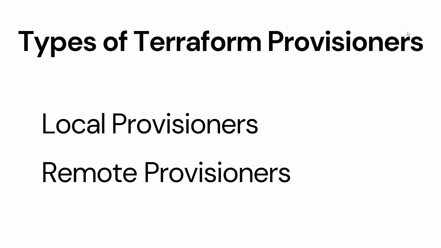What exactly is a local provisioner? It is when a set of commands you are executing is executed onto the local machine. For example, you are creating some resources, let's say an EC2 or S3 bucket.